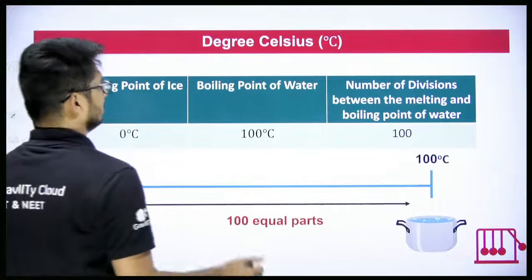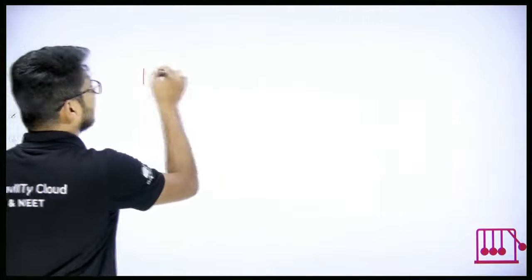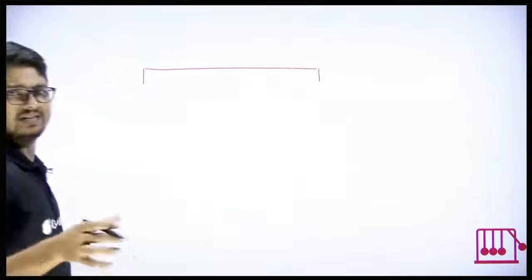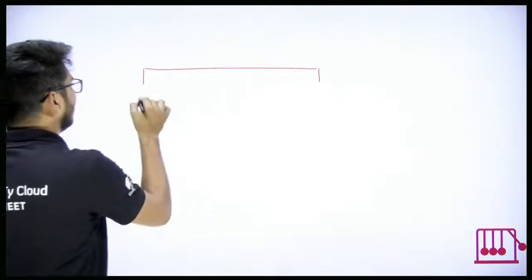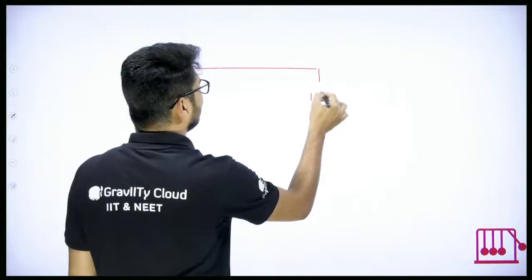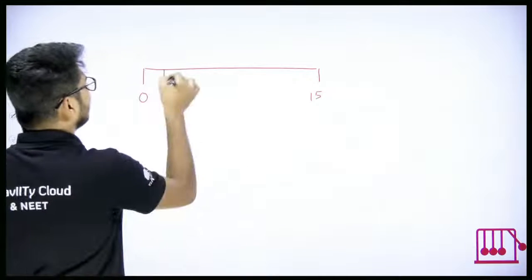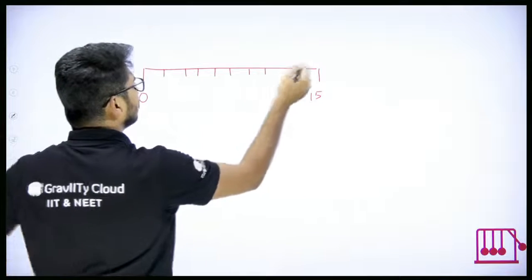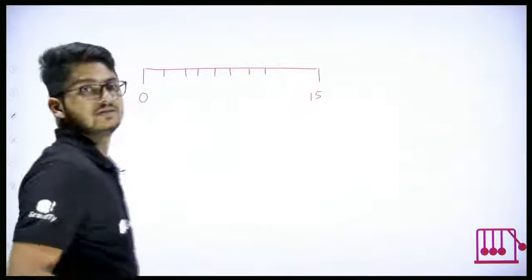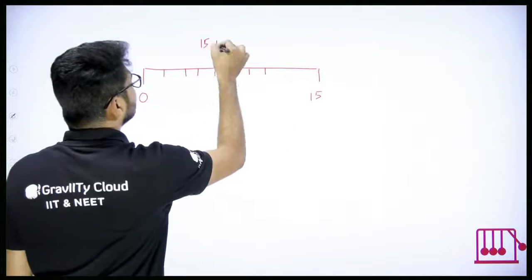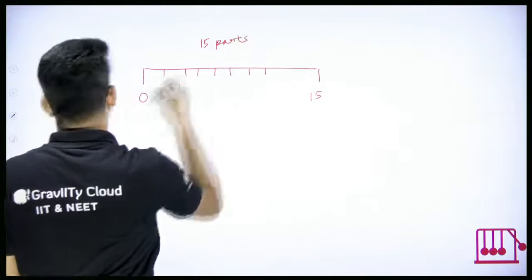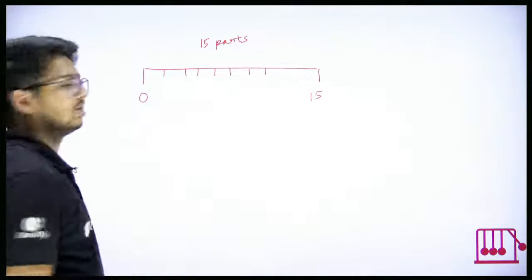Just a minute. If I take a scale, say a 15 centimeter scale, at one end you have 0 and at the other end you have 15. Then you equally divide the length of the scale into how many parts? Into 15 parts. Yes or no? That's how a scale will be.